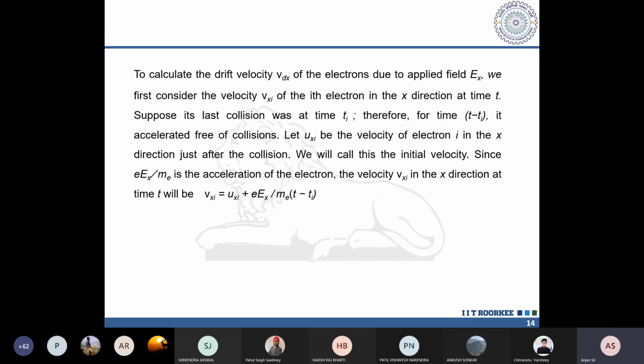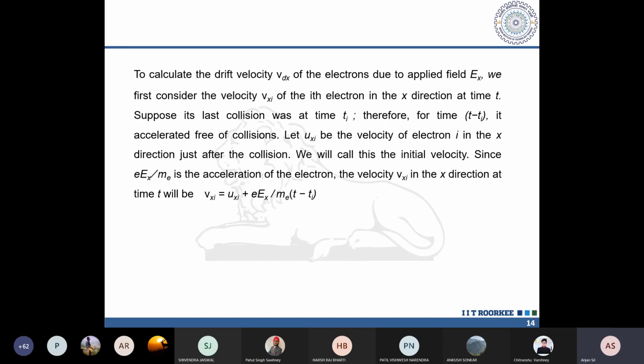So Ex is there. First consider the velocity Vxi of the ith electron in the x direction at time t equal to 0, or t equal to t, or t equal to ti. There is one electron, and like that there are several electrons. The i is a very generalized electron, the ith electron. It can be the nth electron.